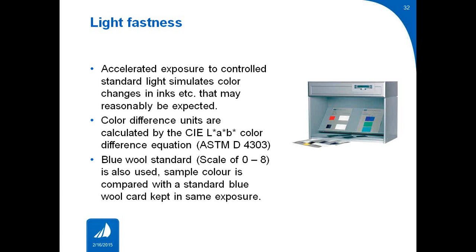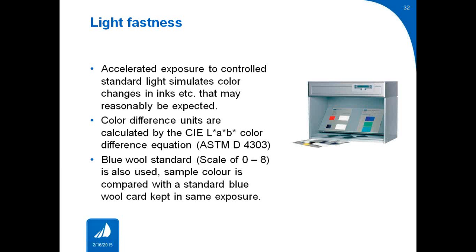Light fastness, I explained to you. It is accelerated exposure to controlled standard light simulators. There are standards, Arizona, I don't remember all of them, but over the world and different places, you know the radiation that is available.